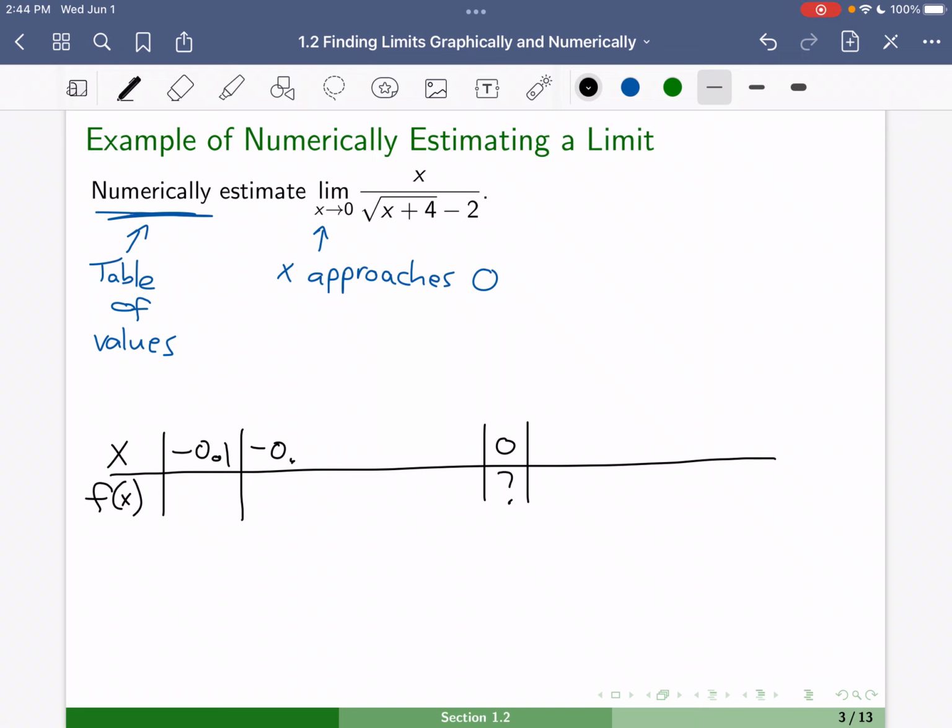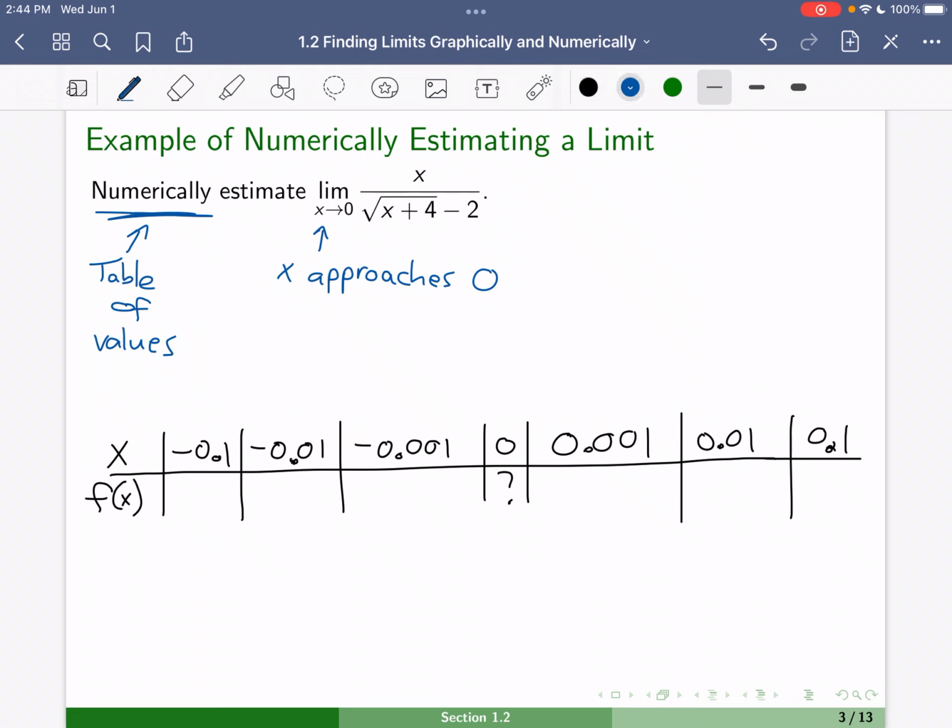We'll just go 0.01 to the left of 0. And then 0.001. And then we'll do the same thing to the right of 0. 0.1 to the right. 0.01 to the right. So we'll pick values on both sides and see what happens.